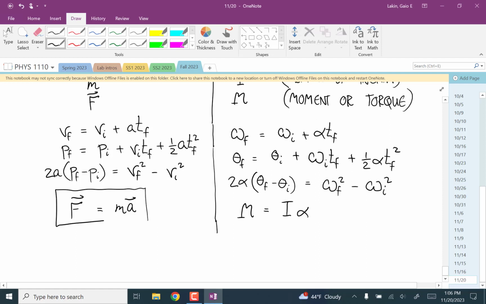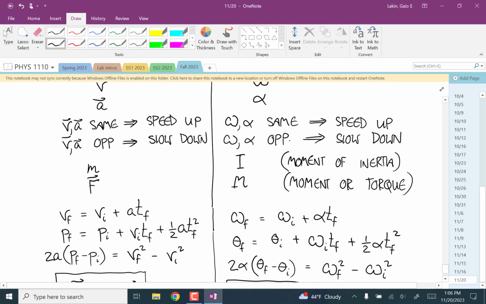So this is kind of like the big final result that we're going to get to. Just notice how similar all this stuff is. If you're trying to remember this stuff, and I will give you all these equations on tests, but if you're trying to find sort of brain space for it, you really don't need any new brain space. You just replace the translational things with the rotational things, and all these equations still work. Okay?